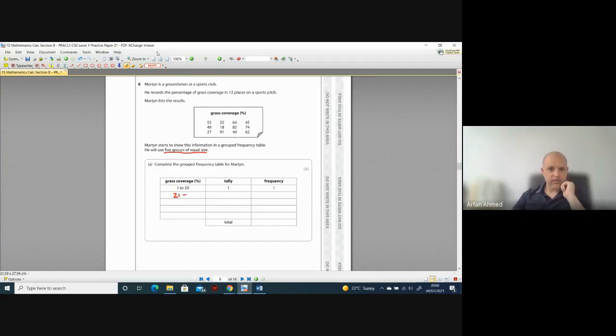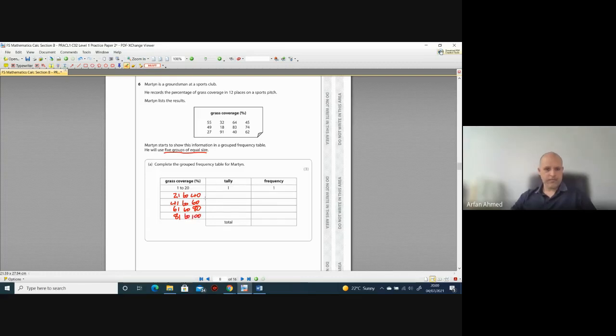21 to 40 must be, because it's 20. So it's going up in 20s, and then 41 to 60, 61 to 80, 81 to 100.